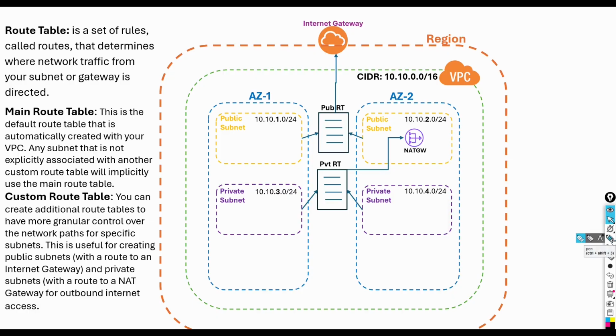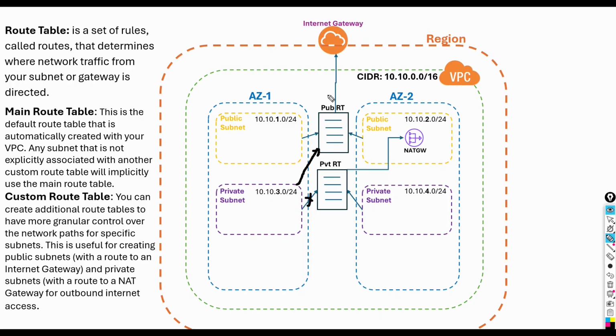Let me explain. As I have shown you here, the private subnet is associated with this route table. But let's say I don't have an association with this route table, then I can use this route table for this subnet.